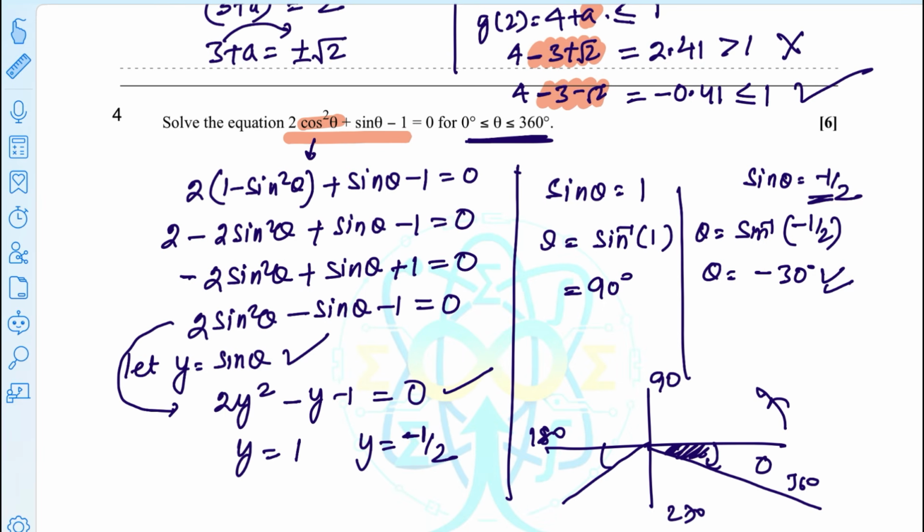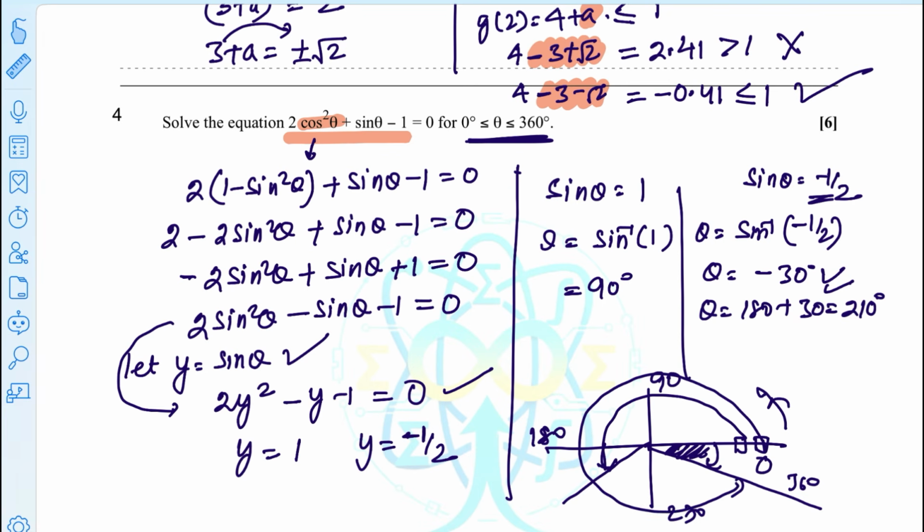So this is also 30. So how to reach this place? One angle should be 180 plus 30, which equals 210 degree. And again, if you are here and reaching this place, it will be 360 minus 30, that equals 330 degree. So we got three answers. One is 90, one is 210, and one is 330 degree. That is the answer for this question.